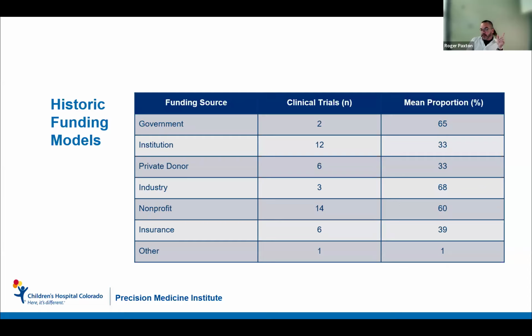It should be noted as well that our sample size ended up being 20 respondents from unique clinical trials. We can see here in very quick strokes that very few actually used government funding and industry funding, but we can certainly see that the majority of these utilized funding from the treating institutions as well as nonprofit organizations.